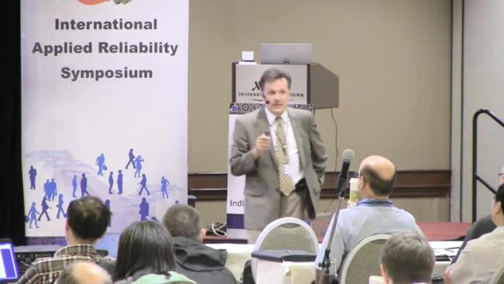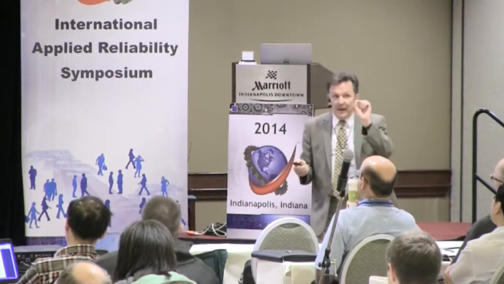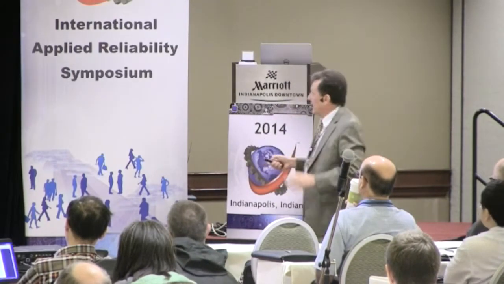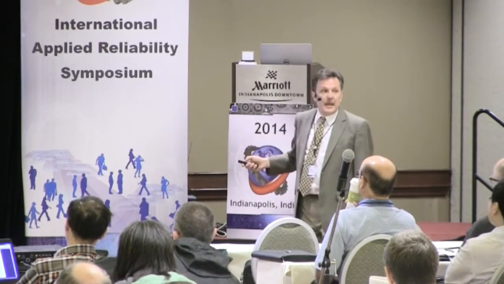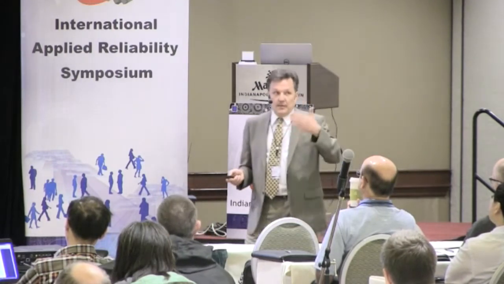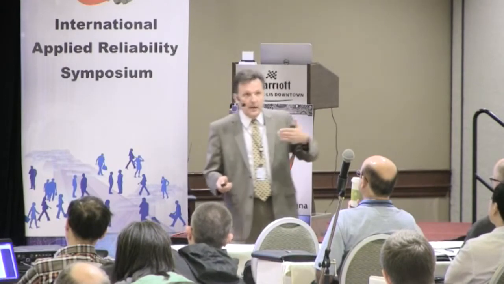But what you notice here is that despite the fact that this is a common component across multiple vehicle lines, you still have distinctly different behavior, right? And who knows, maybe this behavior is caused by the duty cycle.